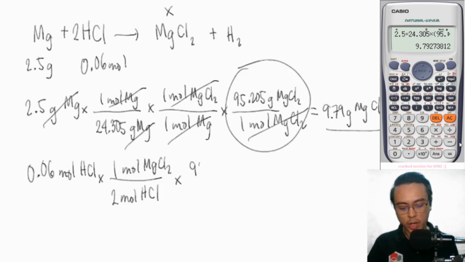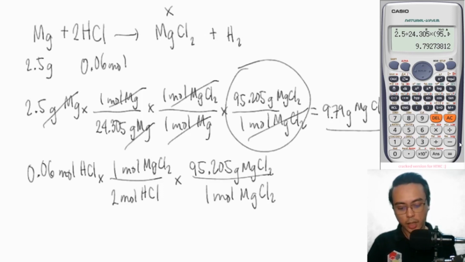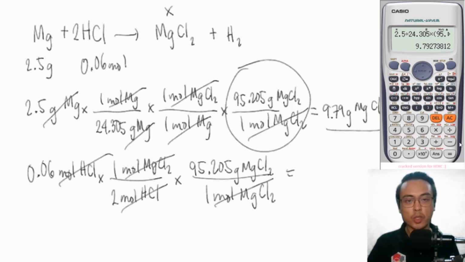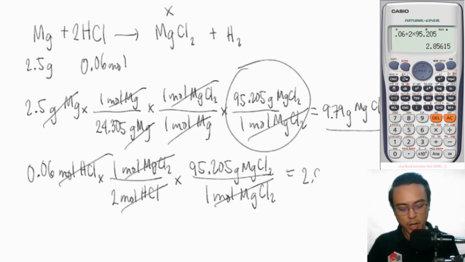We multiply this by 95.205 grams of magnesium chloride per mole of magnesium chloride. Cancel the units, moles. You're left with grams of magnesium chloride. So that is 0.06 divided by 2 times 95.205. And our answer is 2.86 grams of magnesium chloride.